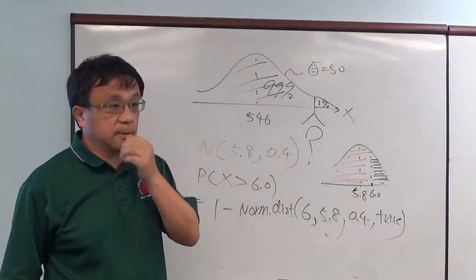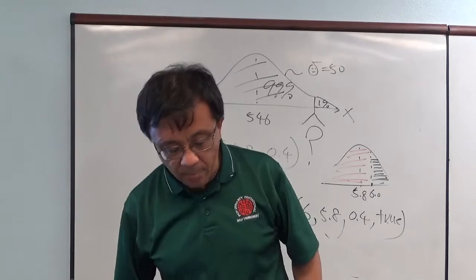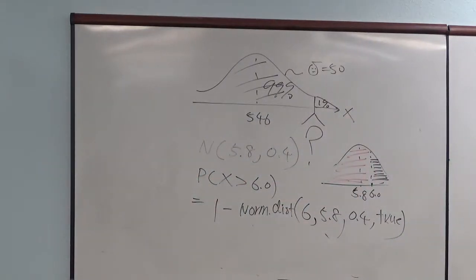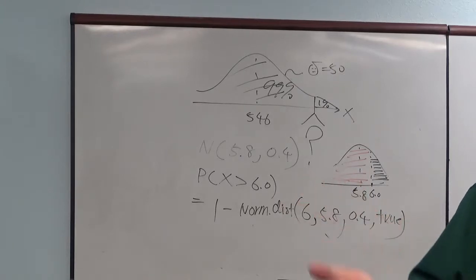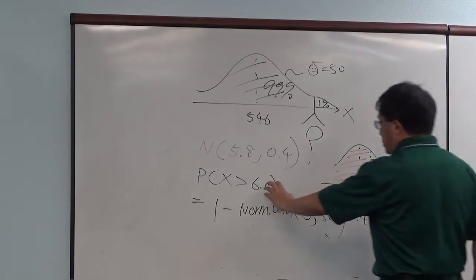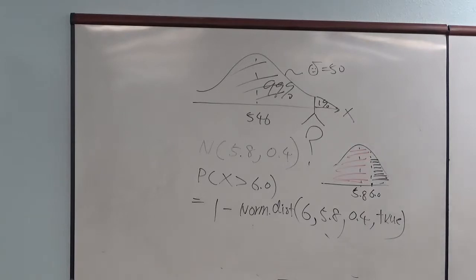But if you use my abacus, you will also be able to find the z-value. Because if you look at the graph in the quiz, sometimes you need to know whether the z-value is a positive number or negative number. To find the z-value, it's actually pretty easy: to convert the 6 to a z-value, all you need to do is subtract the mean, 5.8, and divide by the standard deviation, 0.4.